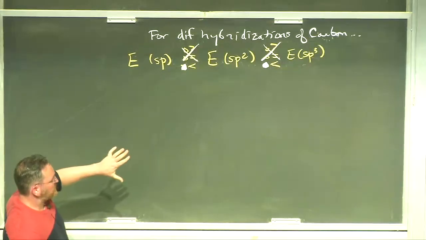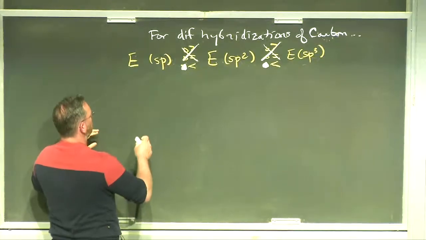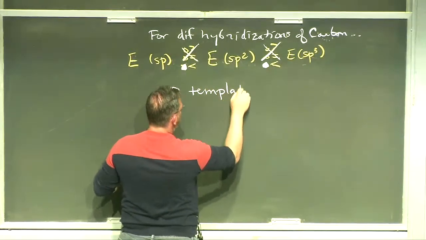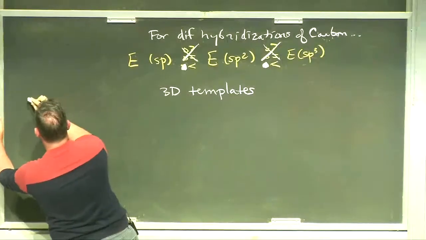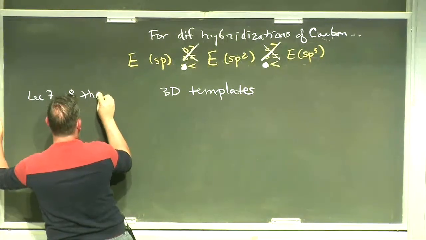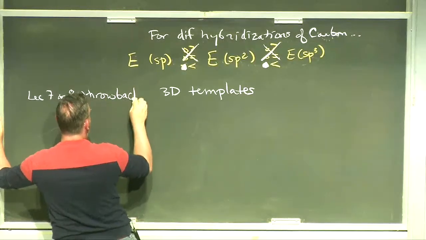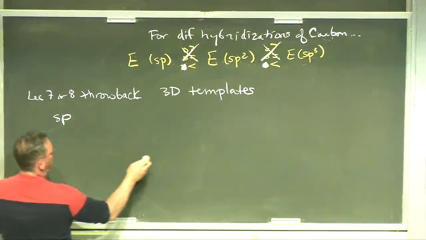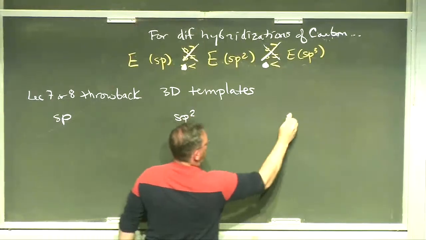All right, we're going to end this little chat with our 3D templates, which is again a review. So this is lecture 7 or 8 throwback. I'm throwing it way back, 30 lectures ago. We had these templates.